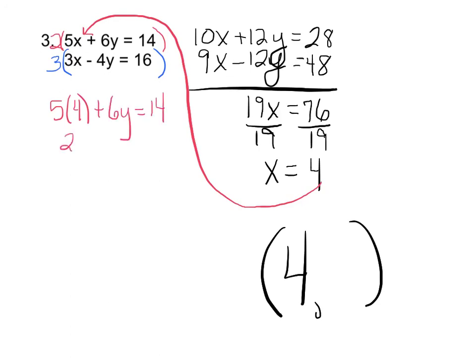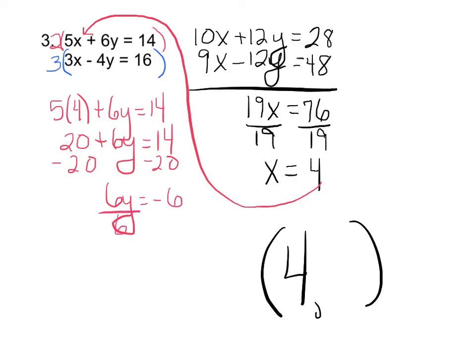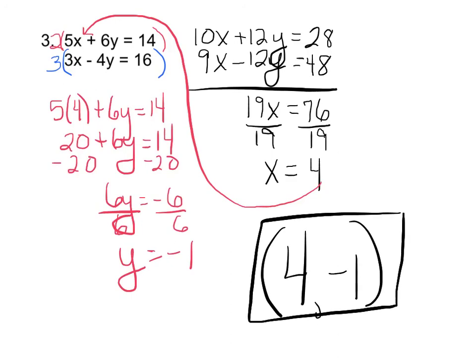Solve the equation. 20 plus 6y equals 14. Subtract 20. 6y equals negative 6. Divide both sides by 6. Y equals negative 1. So our answer is 4, negative 1.